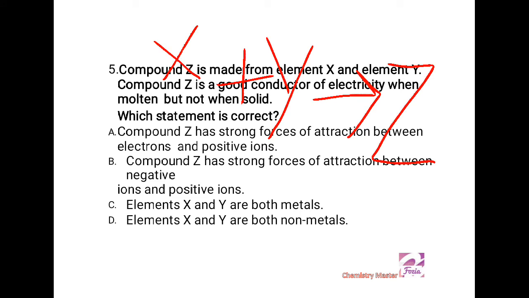And now the very strong evidence for compound Z is that it is a good conductor of electricity when molten but not when solid. So the idea clicks in my mind that ionic compounds are those substances which can conduct electricity very well, but only when they are in their solutions or only when they are molten. So we see what are the possible options.